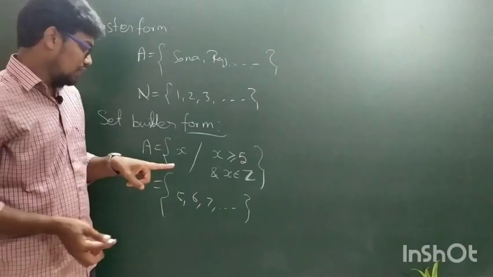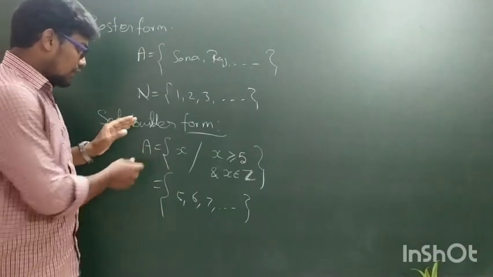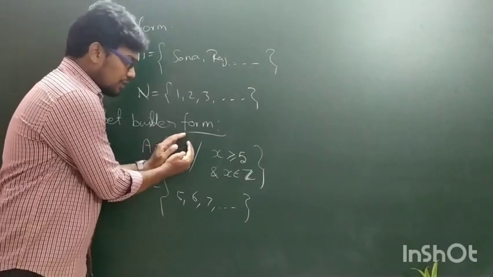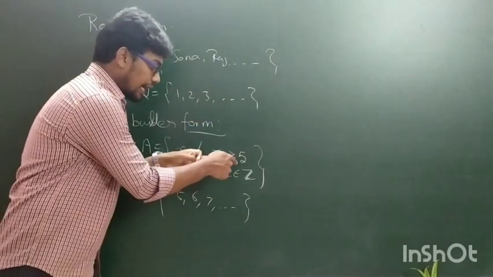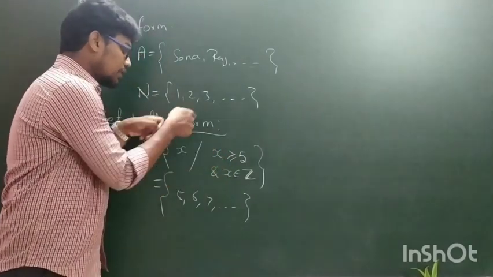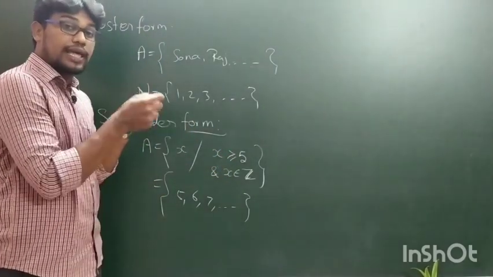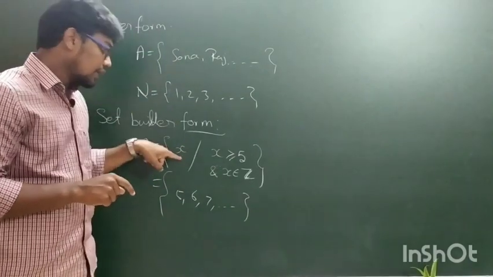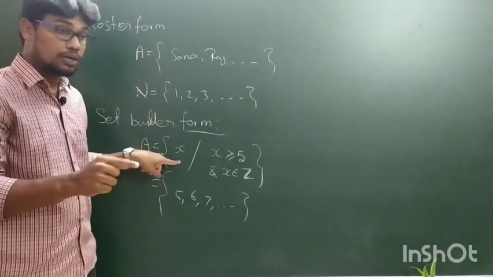You have to understand one thing. A has some elements. The elements which satisfy this condition will sit here. The elements that don't satisfy these conditions will not sit here. Let me repeat.